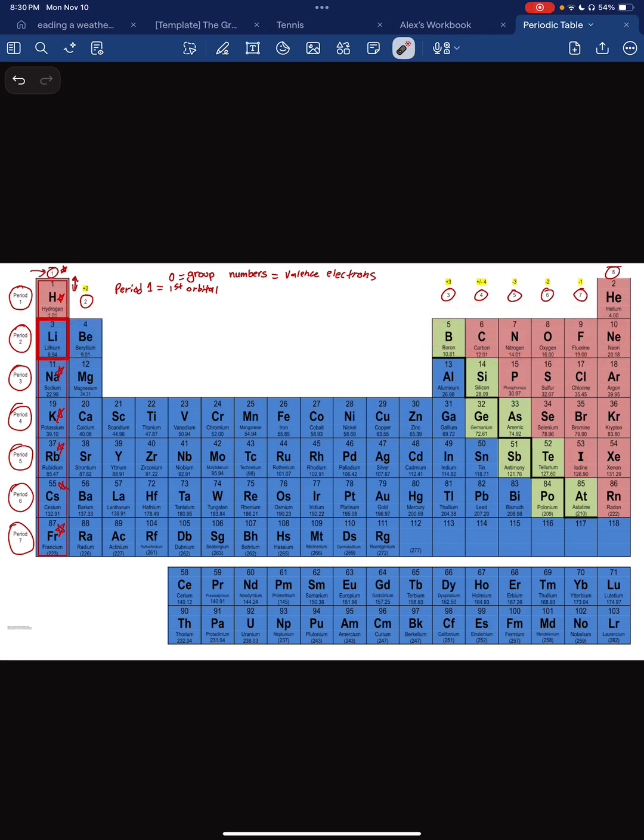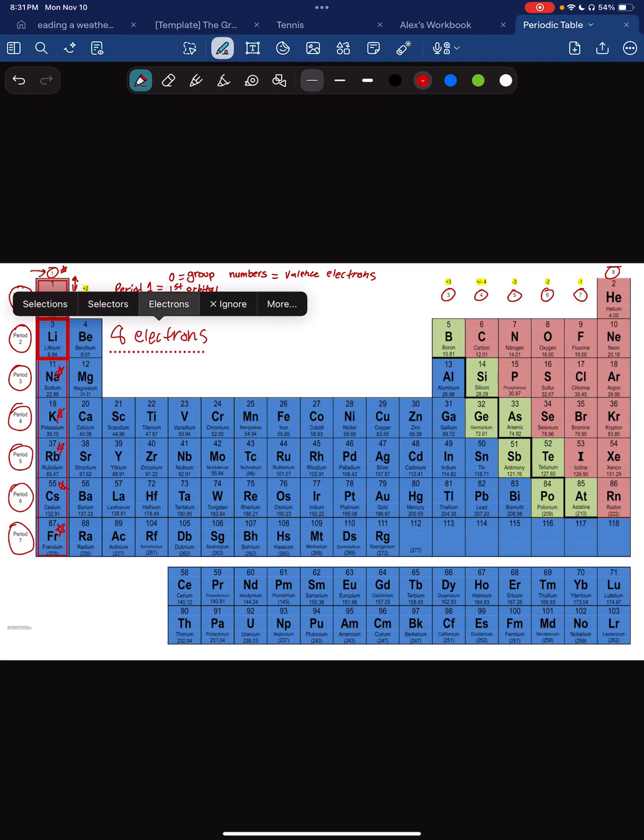If you're unsure, let me show you again. I got 1, 2, 3, 4, 5, 6, 7, and 8. Those tell you that you have 8 boxes, so you can only fit 8 electrons in the second orbital, because we only have 8 spots.